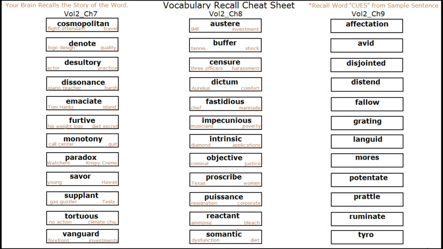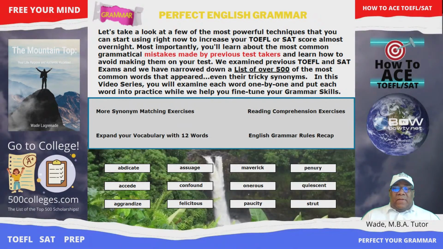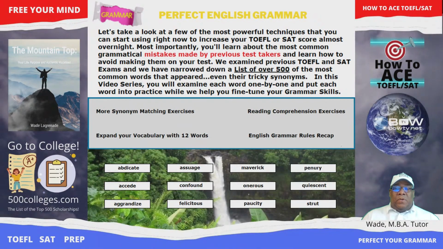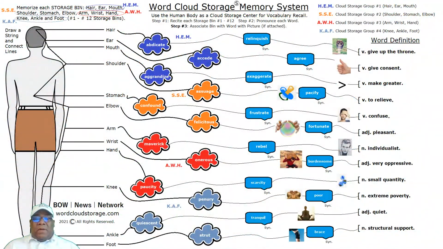So that covers the 12 words that we're covering. We did quite a few sample sentences to help you with your reading comprehension. And of course, we took a look at our word cloud storage memory system more in depth, with more associations to the storage bin, so you can map from left to right directly.